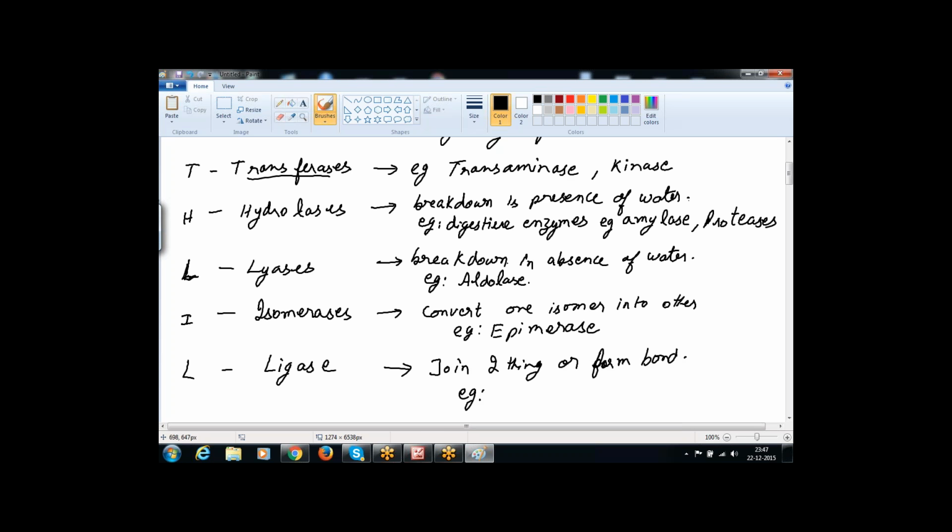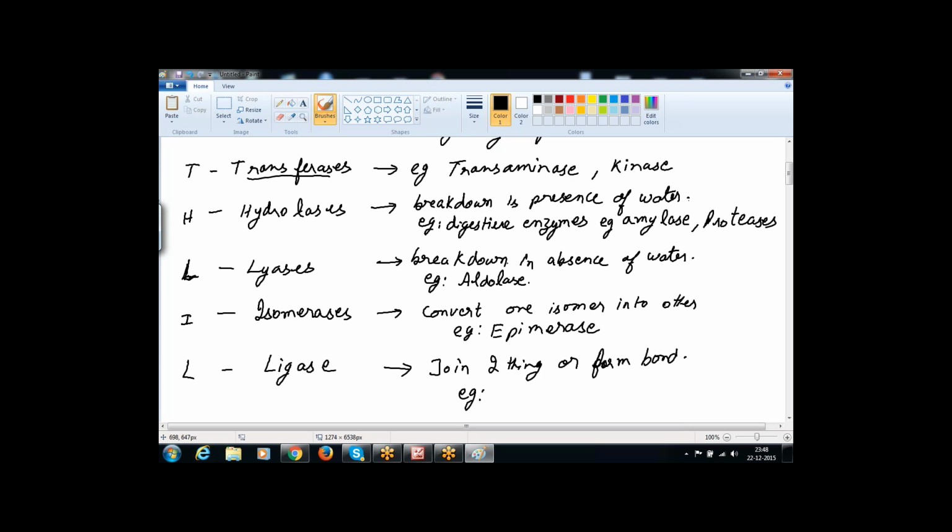Okay, I give you a hint. It was in the nucleic acids unit, the DNA RNA unit, in replication. What is that enzyme which connects Okazaki fragments together? Remember leading strand, lagging strand. Lagging strand DNA synthesis happens in fragments. They're called Okazaki fragments.